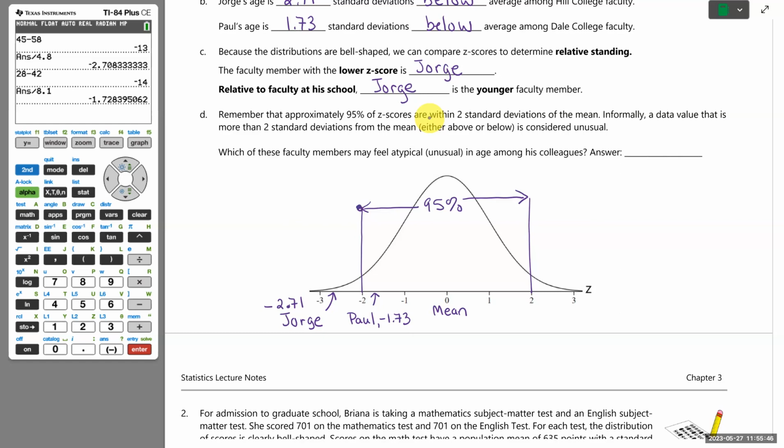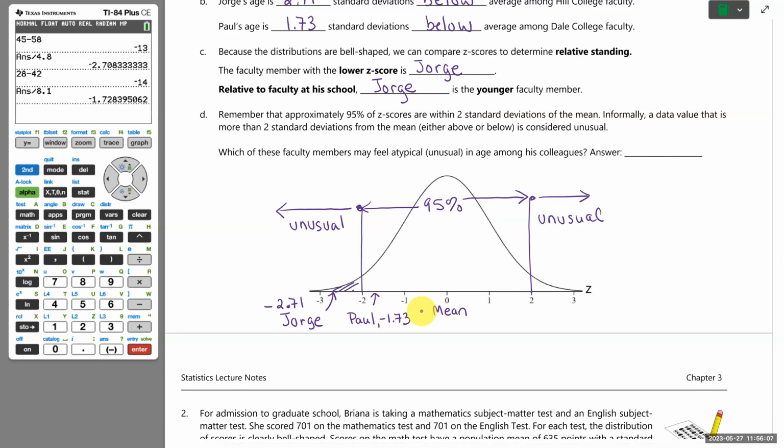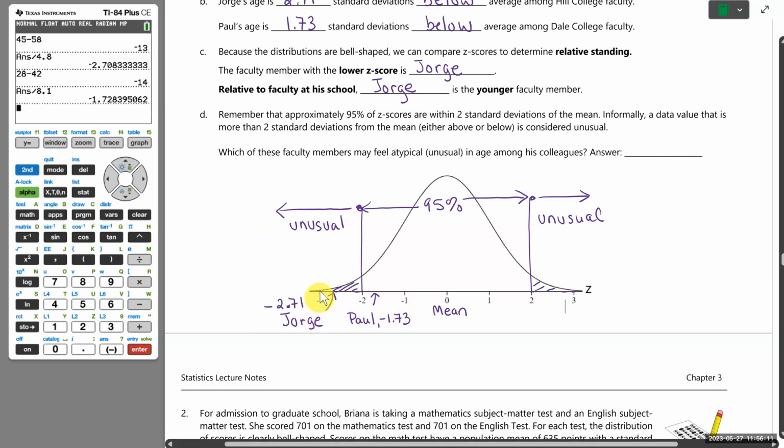So once we start having values more extreme, more than 2 standard deviations above or below the mean, this is when we informally start to think of values as standing out as a bit unusual. So I'm going to shade here anybody that has a z-score in one of these two, we call them tails of the distribution, is standing out as unusual.